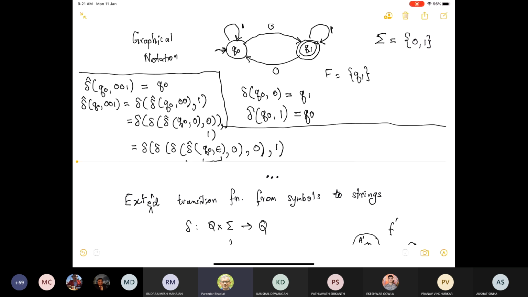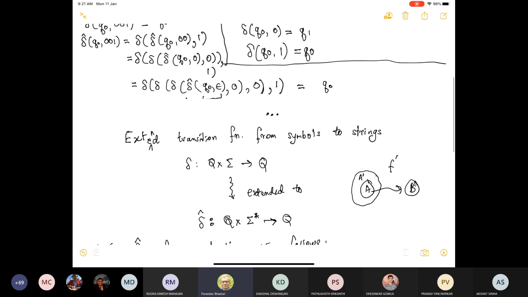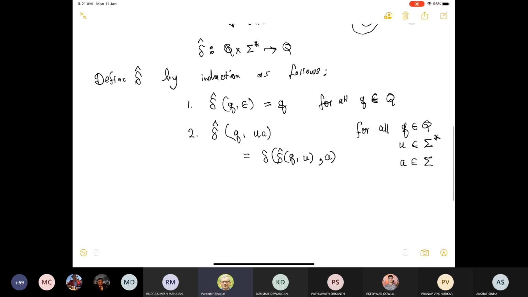Delta Q naught 0 will take you to Q1, and delta Q1 0 will take you to Q0, and delta Q0 1 will take you to Q0. Of course, this involves a number of steps of simplification. So any questions, any doubts about this definition? It's a simple inductive definition. It's just repeatedly applying the transition function, right?